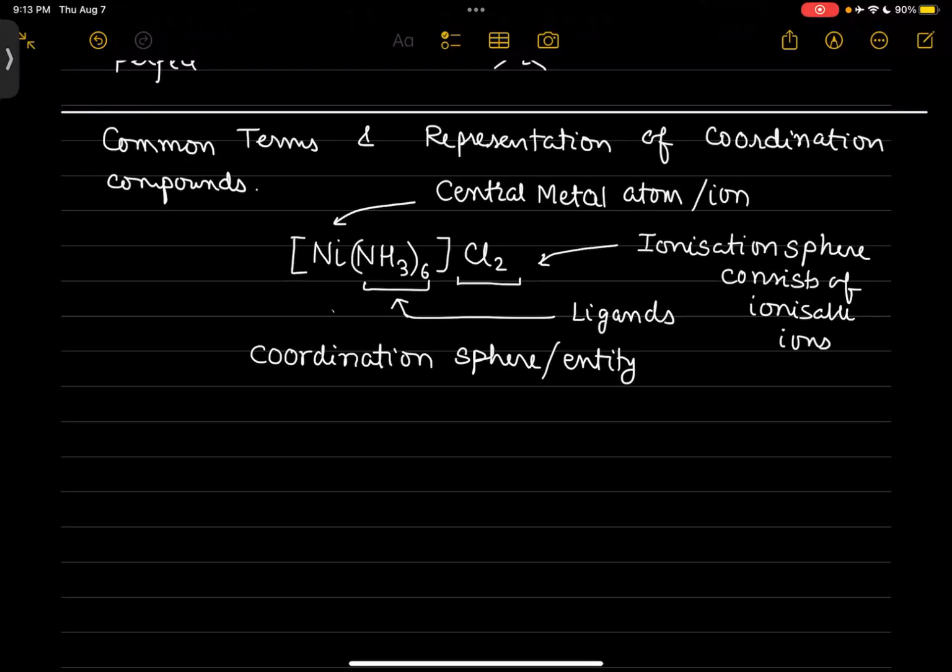So it consists of ionizable ions. It means when you put it in water, the coordination sphere stays, and the ionizable ions, the two chloride ions, will separate out. Got it?